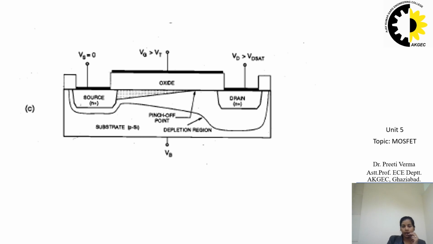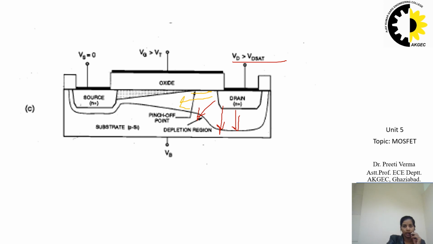Now this third diagram is showing the condition when we have applied a voltage at the drain terminal that is more positive than the saturation voltage. If we keep on increasing this drain voltage, the depletion region gets wider and the channel is shifting towards the source terminal.